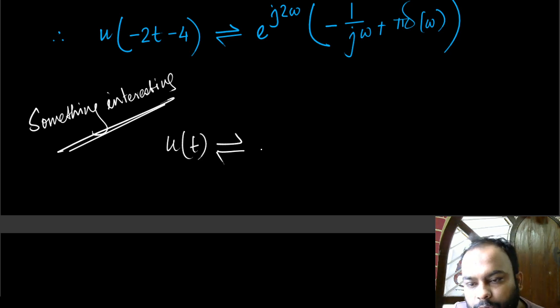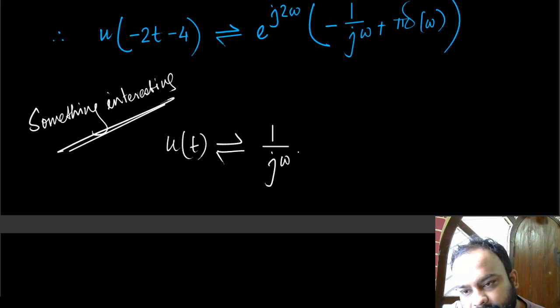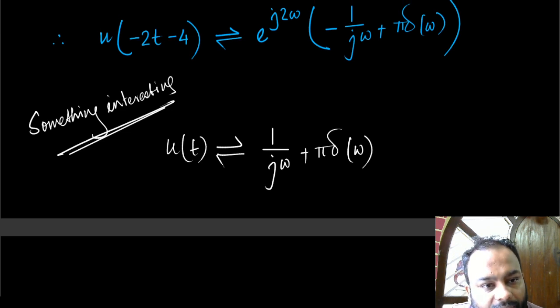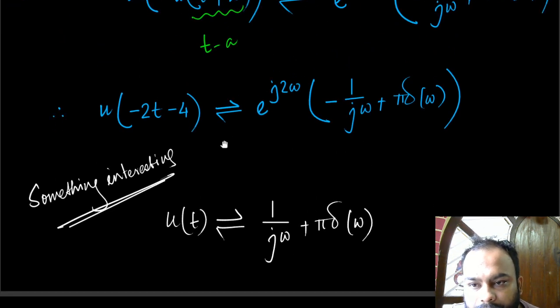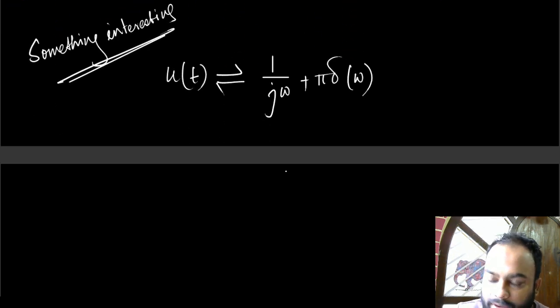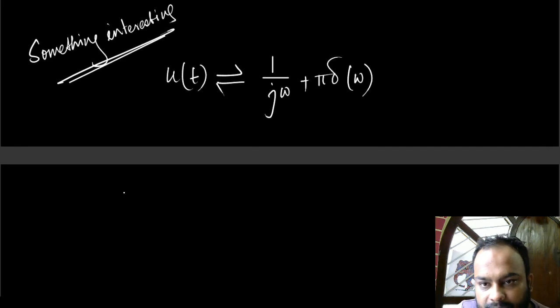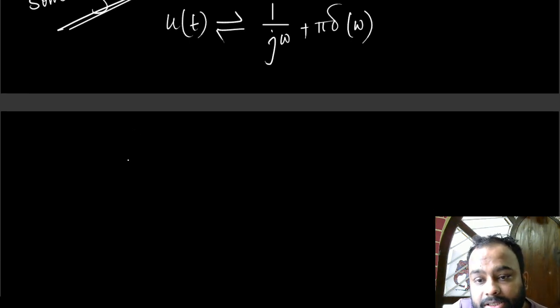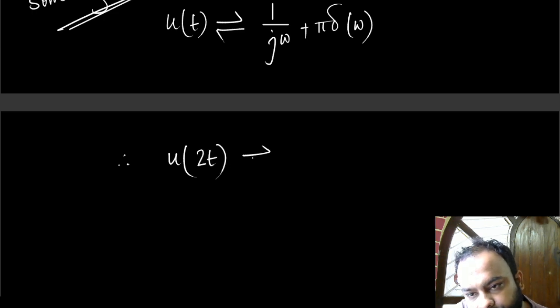Of course, we are already quite familiar with this. This is 1 by j omega plus pi delta omega. Again, if any query, please let me know. Okay, something interesting. The question is, what is the Fourier transform of u of 2t, say? What is the Fourier transform of u of 2t?